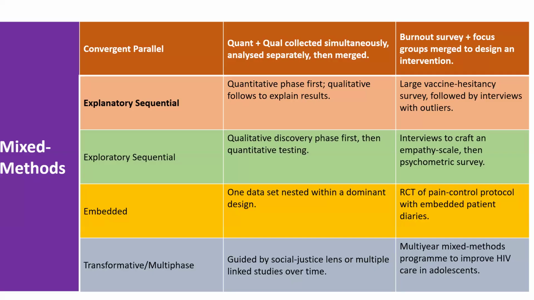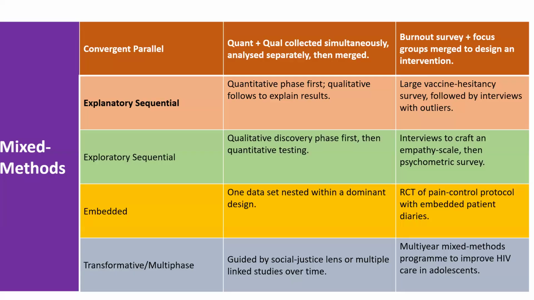In exploratory, the qualitative discovery phase is first and then quantitative. In embedded, one data set is nested within the dominant design. With experience, we can expand our skill in doing mixed method.